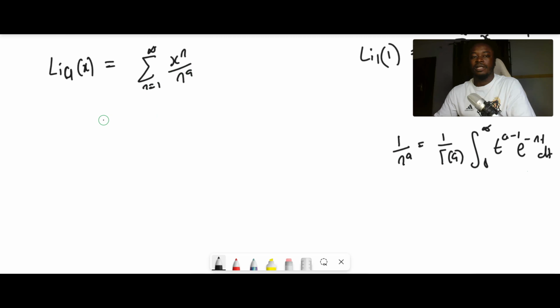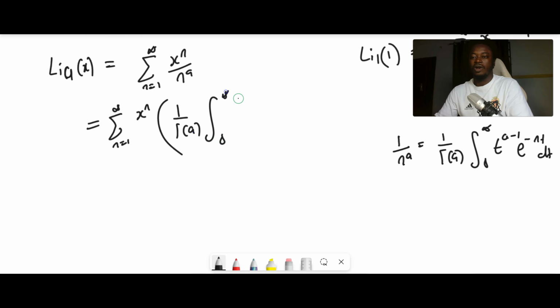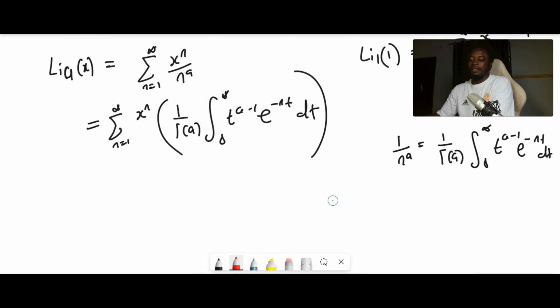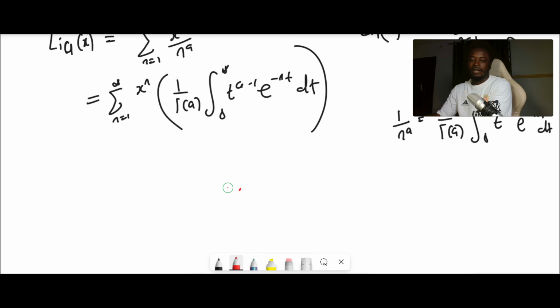So we could swap this and say this is the sum as n runs from 1 to infinity of x to the n, where instead of 1 over n to the a, you would have 1 over gamma of a times the integral from 0 to infinity of t to the a minus 1 e to the negative nt dt. Now this is where things get exciting, because in the next line we're going to bring some things out of this integral sign.